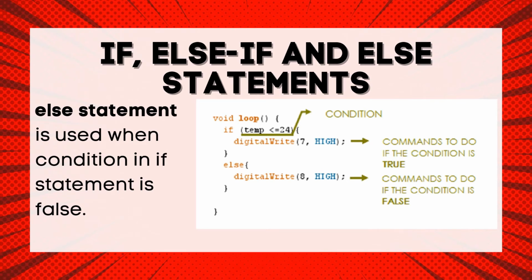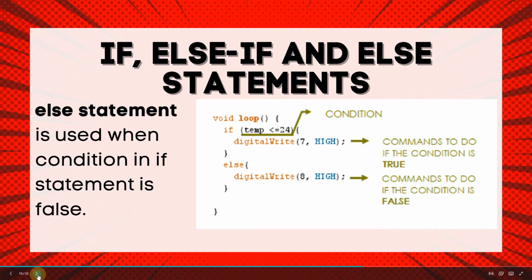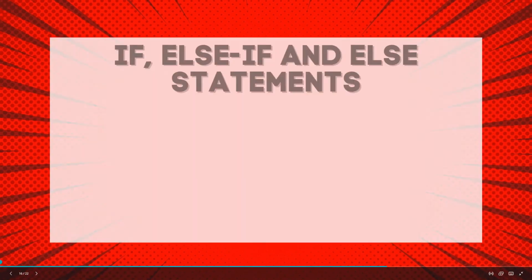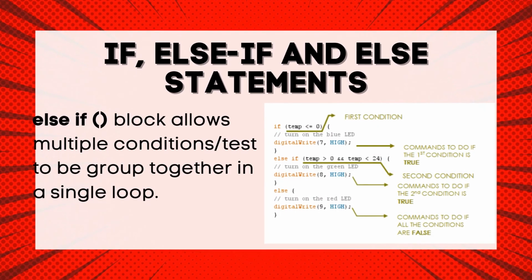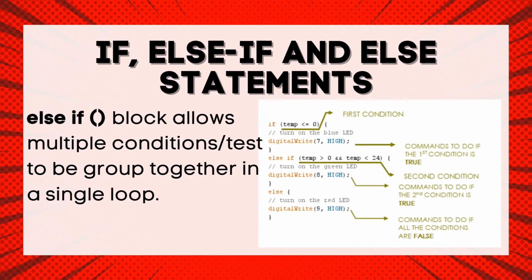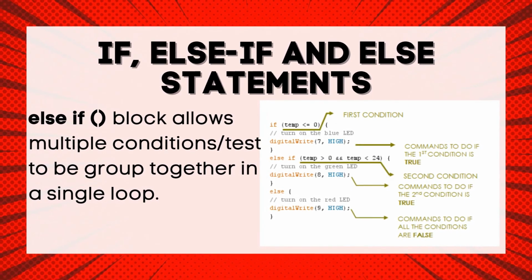It is used when the condition in the if statement is false. In this example, if your temperature sensor reading is less than or equal to 24 Celsius, a green LED connected to digital pin 7 will turn on. If the reading is greater than 24 Celsius, a red LED connected to digital pin 8 will turn on.